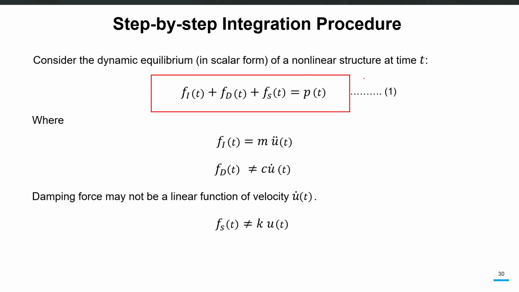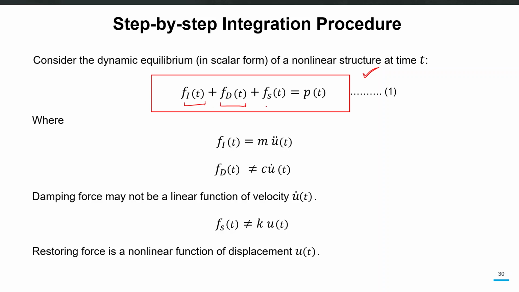So let's start the mathematical formulation of this method. Here we have the governing equation of motion, and it can be a nonlinear structure now. We write it as the inertial force plus damping force plus elastic restoring force, which can be linear or non-linear, equal to the applied loading. The inertial force is always equal to mass times the acceleration.